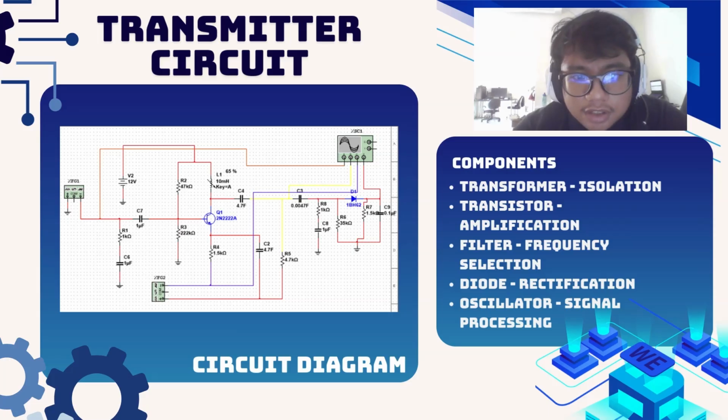Number four, function generator, equipment that produces various electrical waveforms like sine wave, square wave, and triangle wave. Five, we have power for transistor, giving power supply to the transistor. And number six, we use oscillator, to produce carrier signals for modulation.